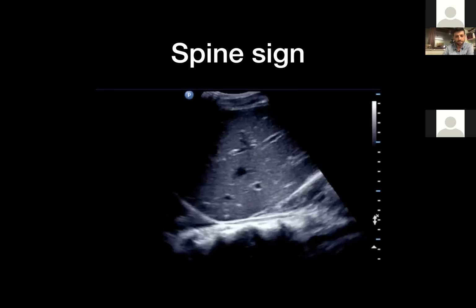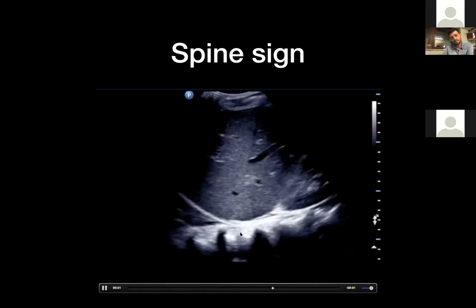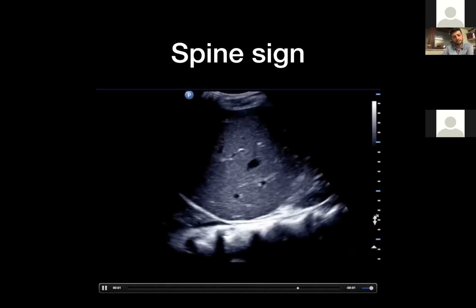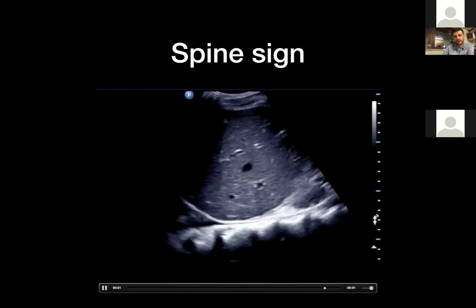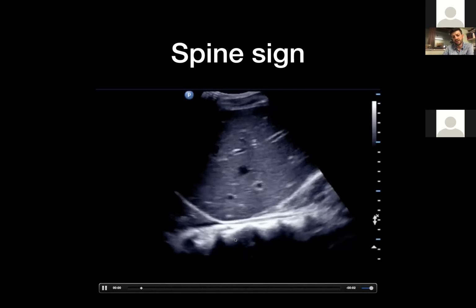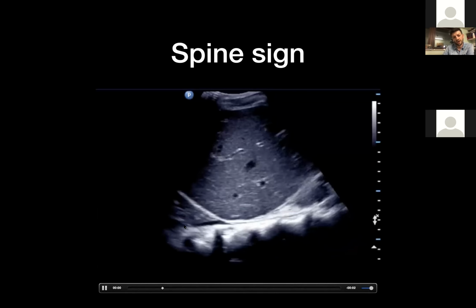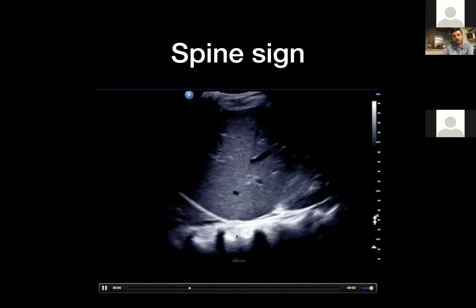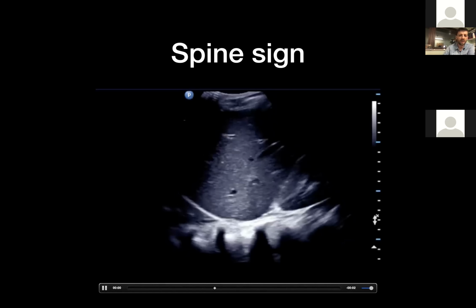We spoke about this briefly earlier, but here we've got some hepatized looking lung tissue here at the lung base, and we've also got a small anechoic effusion, and we're seeing vertebral bodies beyond the level of the diaphragm.